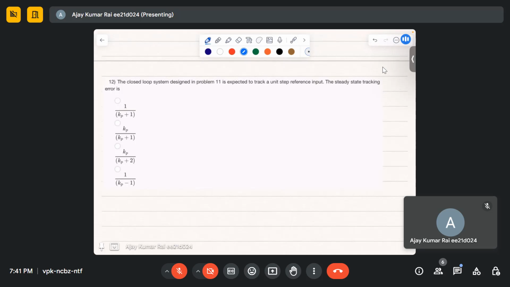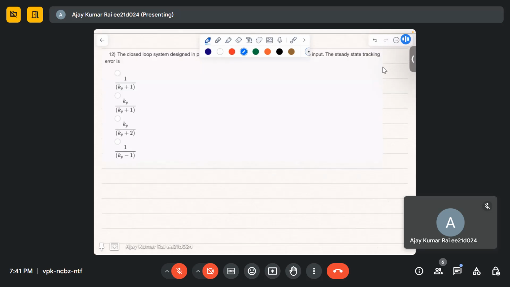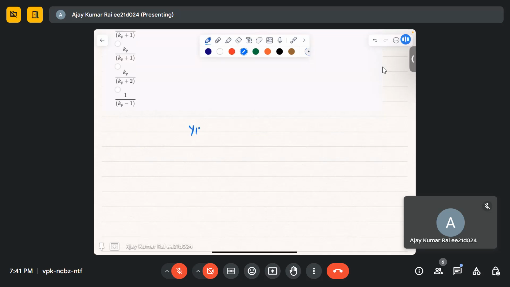The closed loop system designed in problem 11 is expected to track a unit step reference input. The steady state tracking error is? So Y of s by R of s, the closed loop transfer function, is Kp by s square plus s plus 1 plus Kp.